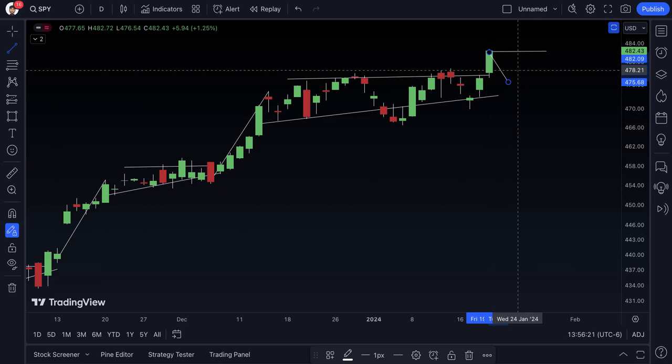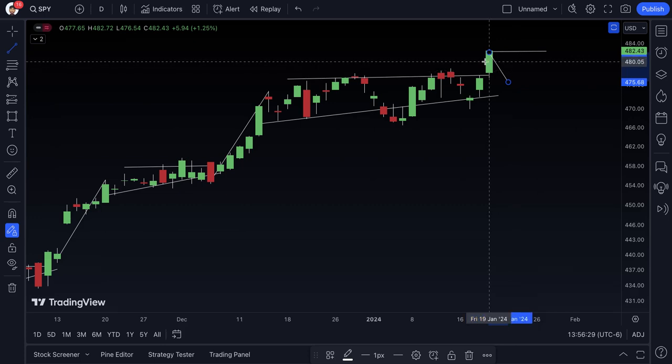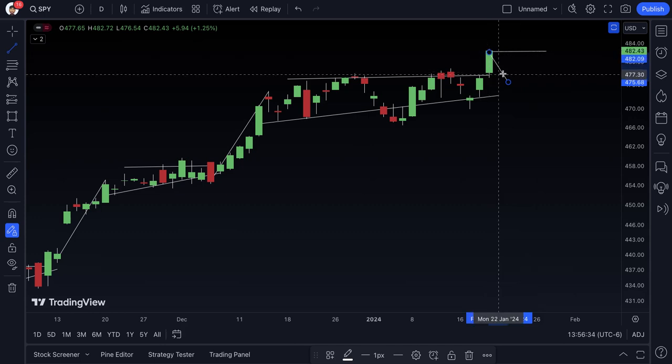So you're operating from both axes. It could be time or distance for a correction to be valid. With that being said, ideally, I would like to see a correction towards the downside of 477, 475. But again, it doesn't have to. It can kind of just stay sideways and then continue up.